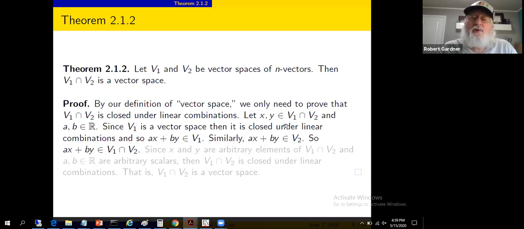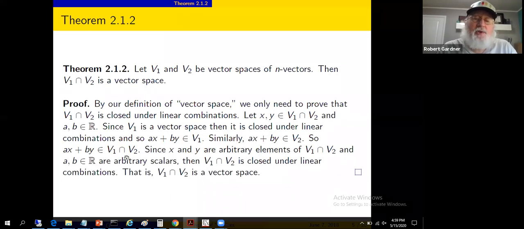So we took an arbitrary pair of vectors in the intersection, and we've shown that a linear combination is in both V1 and V2, so it's in the intersection. Those were arbitrary elements of V1 intersect V2 and arbitrary scalars.